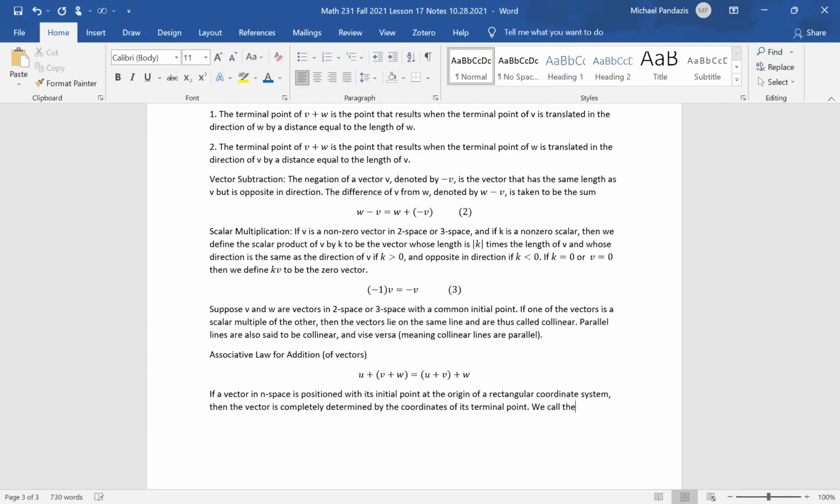We call these coordinates the components of V relative to the coordinate system.